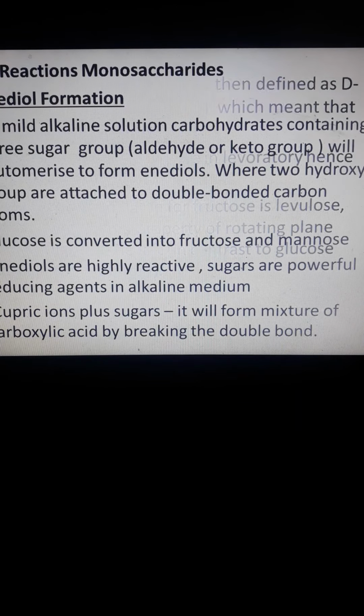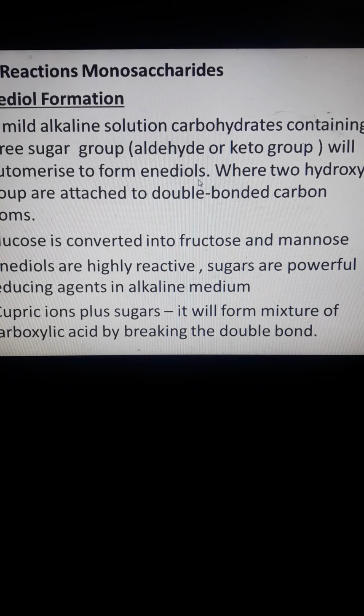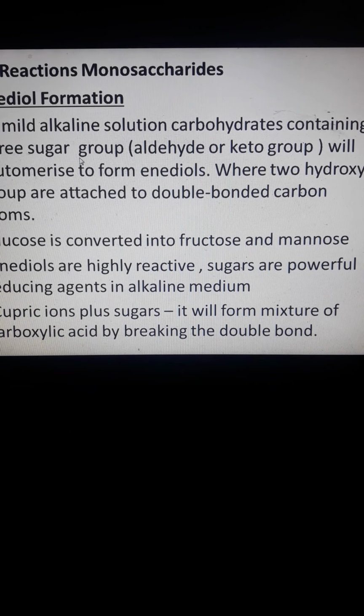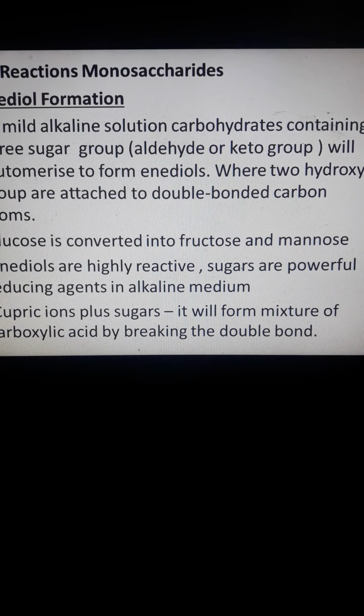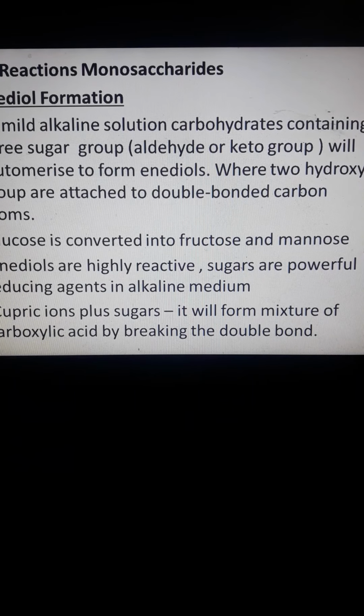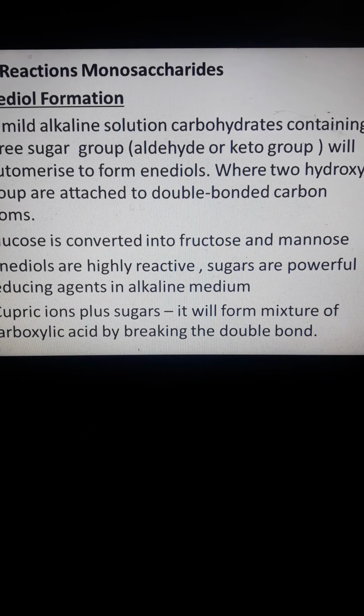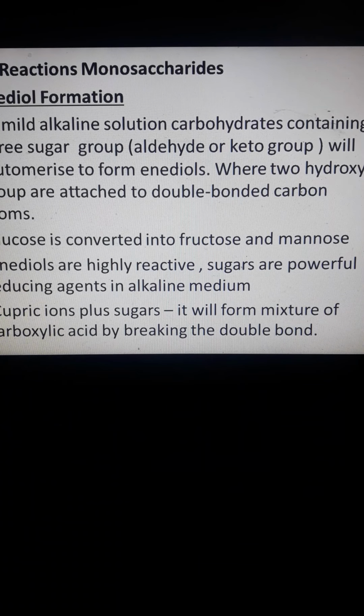Okay, next, reactions of monosaccharides. In enediol formation, in mild alkaline solution, carbohydrates containing a free sugar group with an aldehyde or keto group will tautomerize to form enediols. So meaning there's a formation of a double bond, or the alkene group, where 2 hydroxyls are attached to a double bond. Which is known to be the double bond.